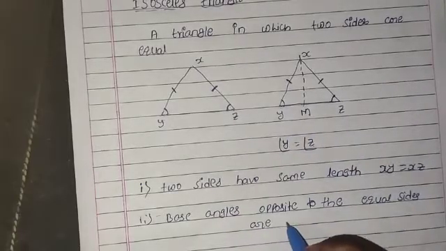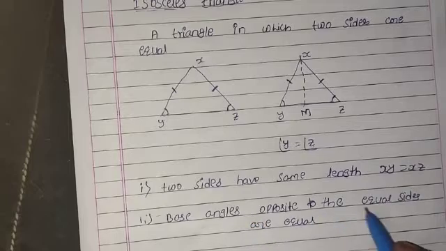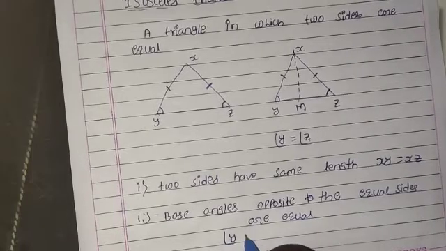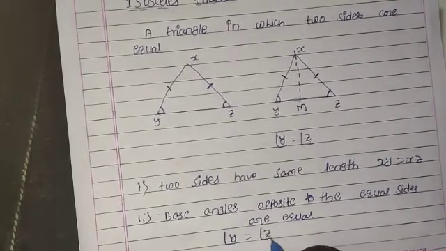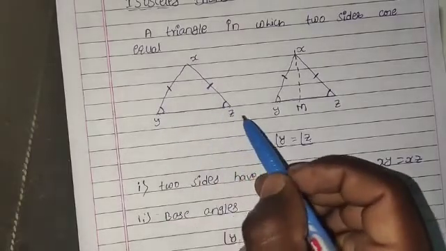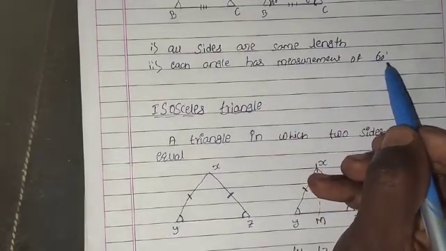Base angles opposite to the equal sides are equal. Which are the base angles? Y and Z, which means the Y angle is equal to the Z angle. In an isosceles triangle, the base angles are equal. In an equilateral triangle, each angle measures 60 degrees.